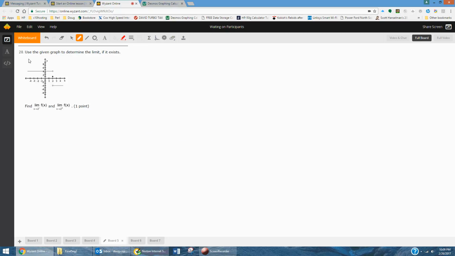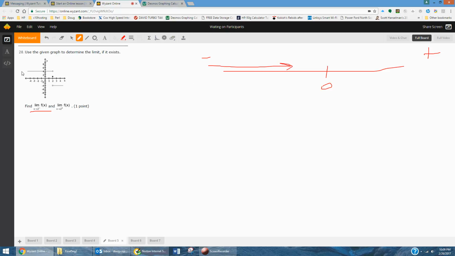Another easy one. We got a graph. We're asked to, and this is a written assignment, I guess, find the limit as x approaches 2 from the left. Remember, on a number line, the minus numbers are to the left of 0. The positive numbers are to the right of 0. So when we have this little minus sign here, that means we're coming in from the left.